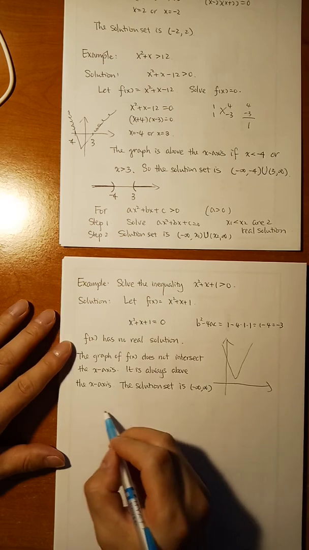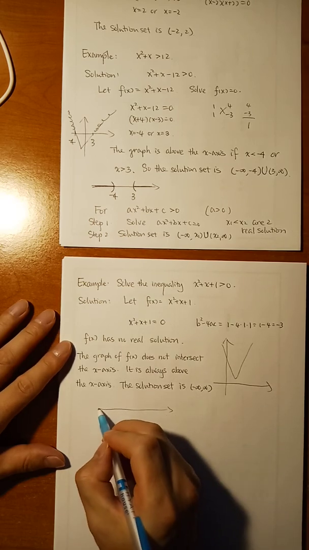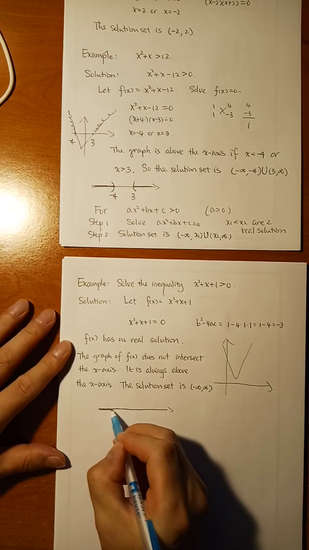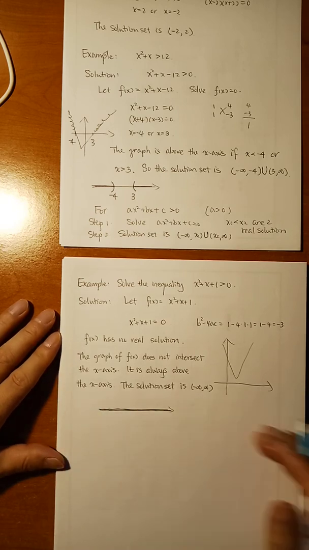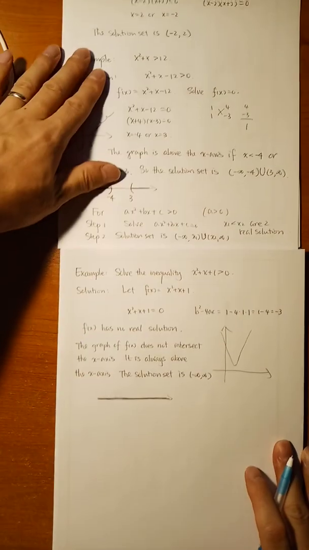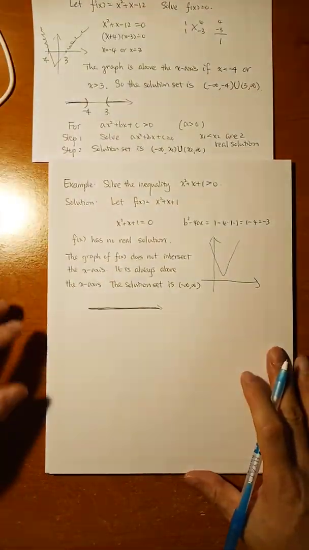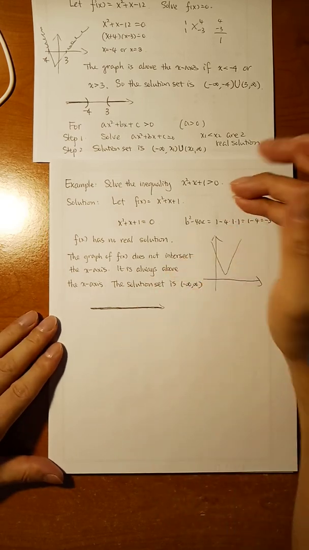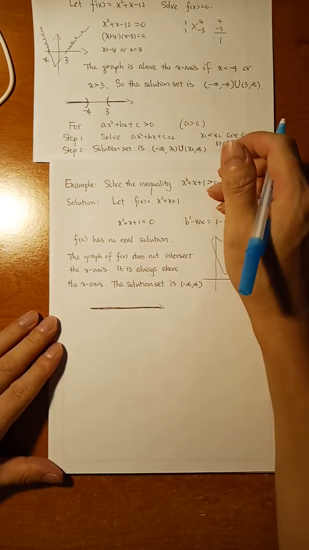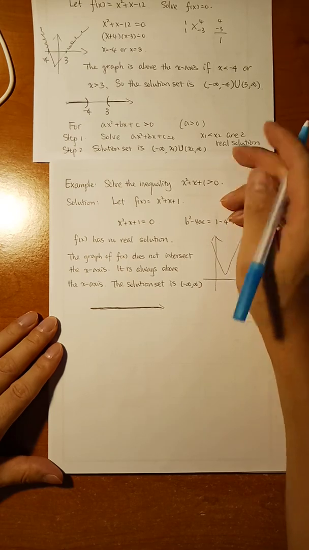Okay, so if you want to sketch the graph, you just make the whole number line heavier. This represents the solution. And the counterpart, we know x squared plus x plus 1 is always greater than 0.